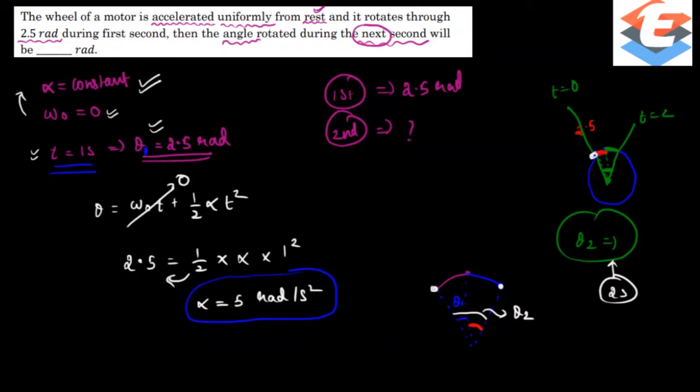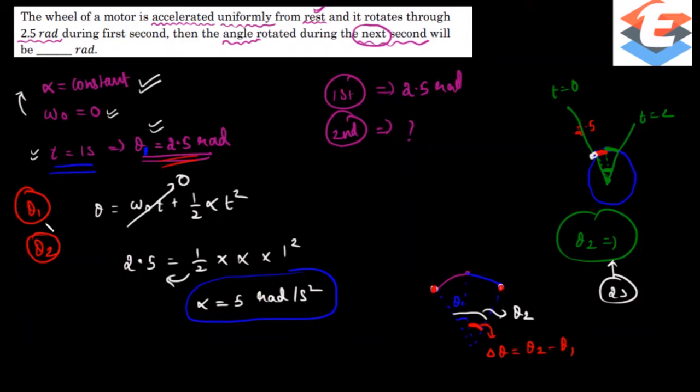Now if I want to find this angle, that will be simply delta theta equal to theta 2 minus theta 1. Theta 1 indicates how much angular displacement it has turned during 1 second. Theta 2 indicates 2 seconds, from the beginning until the ending of 2 seconds.